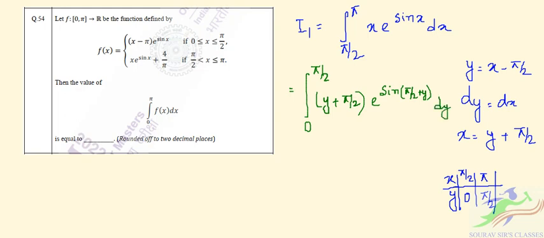Now we can do this. So e to the power sine of pi by 2 plus y means cos y, in the second quadrant.